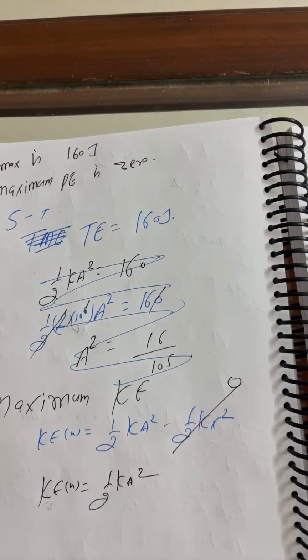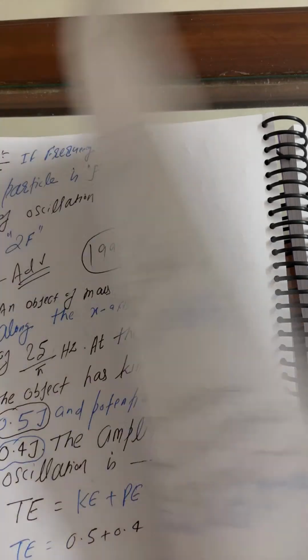But the question here is, how can we get the value of A? Amplitude is mentioned in the question itself.